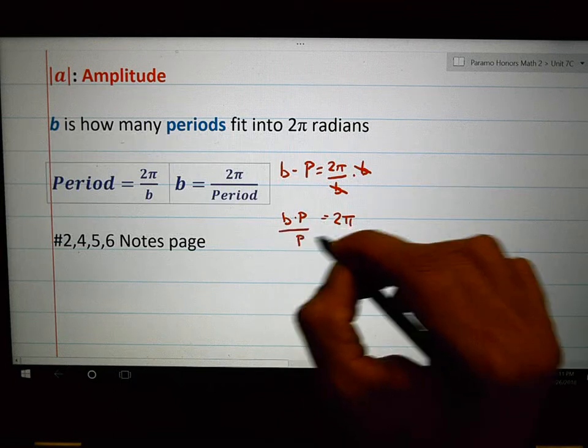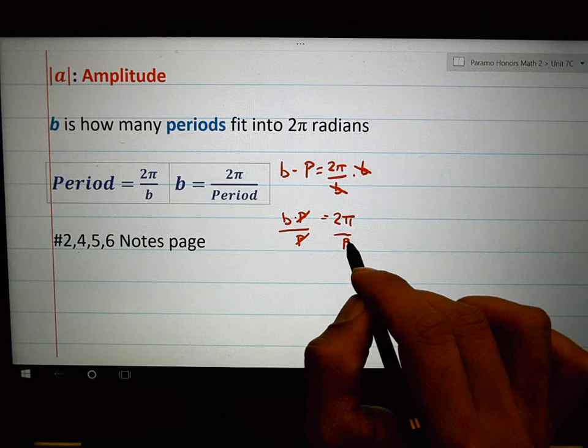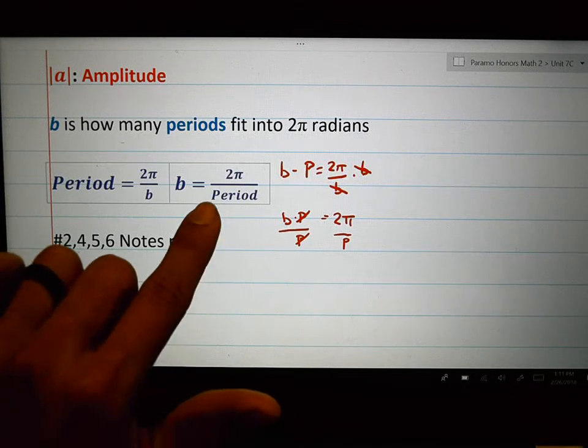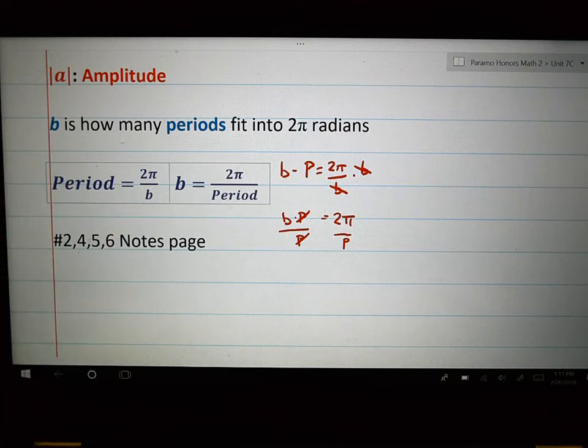If I divide by p, what you would get is that b is equal to 2 pi over p, which is our second equation. This helps a lot of times, just knowing I can switch these 2 things, which goes along with what we talked about with proportions. You can switch the extremes and you still have a proportion.